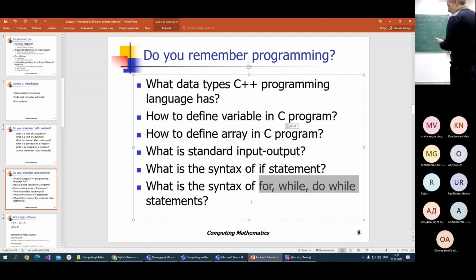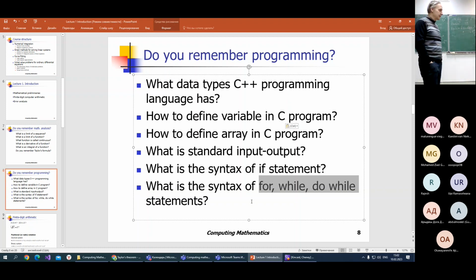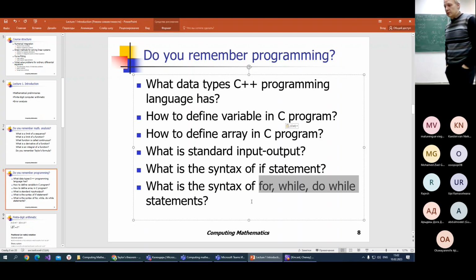I will not consider it for today because in different languages these statements are more or less the same, but they differ. And I repeat again that you can use any language that you want.